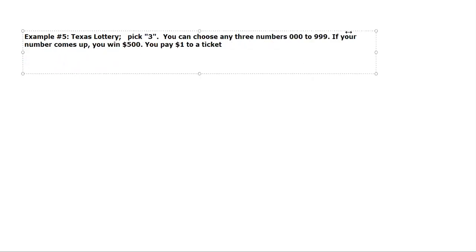In fact, for the Texas Lottery, I think Pick 3 has a better chance to win than the real lottery, where you need to match 6 or 7 numbers. You will see why. Let's take a look. I want to find what my expected gain is. So you pick 3 numbers.